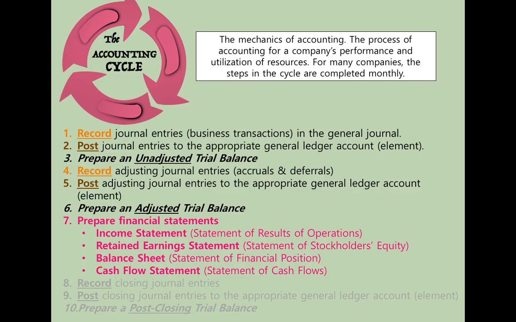So again, when we look at the accounting cycle, this video essentially covered the first 7 steps in what businesses do monthly to keep track of and make sure their accounts have the right balances. So record journal entries, post them, prepare an unadjusted trial balance, record adjusting journal entries, post adjusting journal entries, prepare an adjusted trial balance, and then prepare your financial statements.